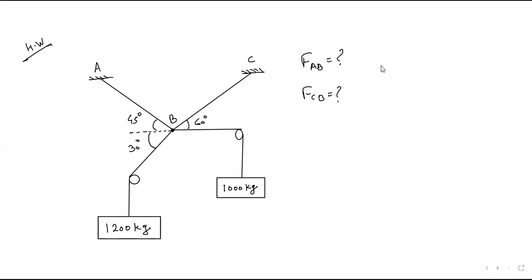Present, sir. 24. 25. Present, sir. 26. Present, sir. 27. Present, sir. 28. Present. 29. Present, sir. 30. Present, sir. 31.